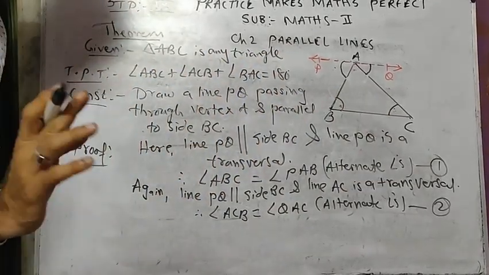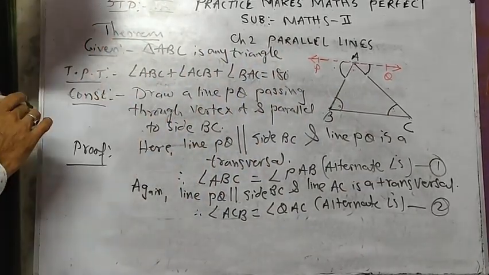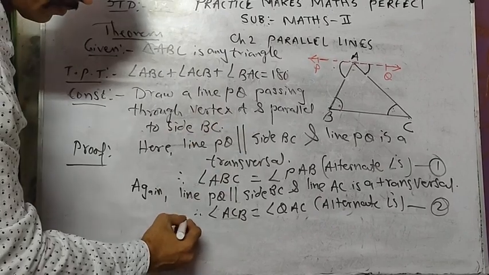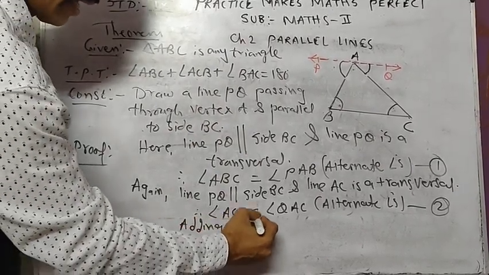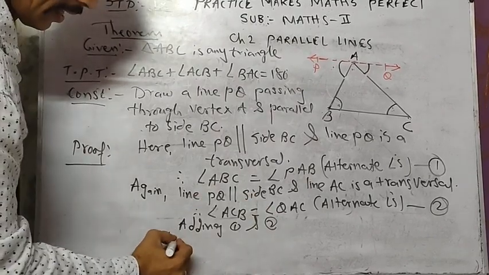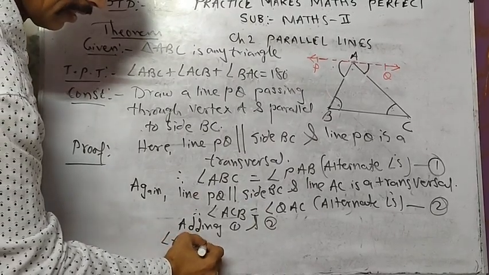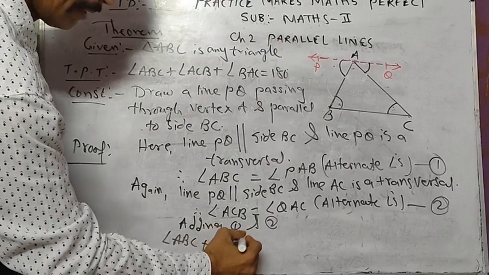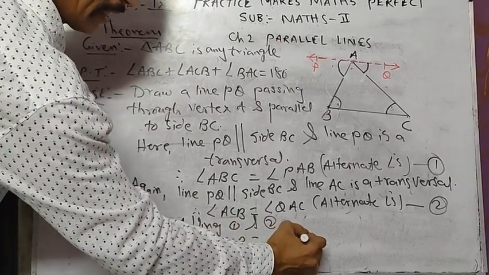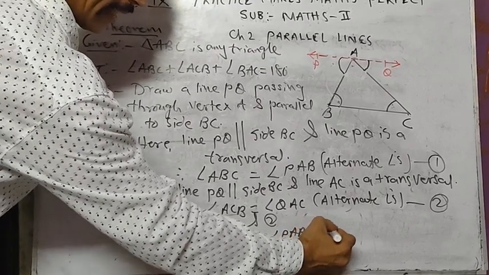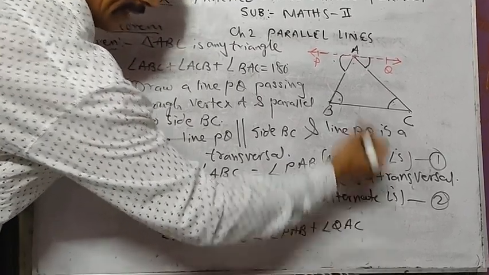Now we will add these. Adding 1 and 2, what will you get? Angle ABC plus angle ACB is equal to angle PAB plus angle QAC.